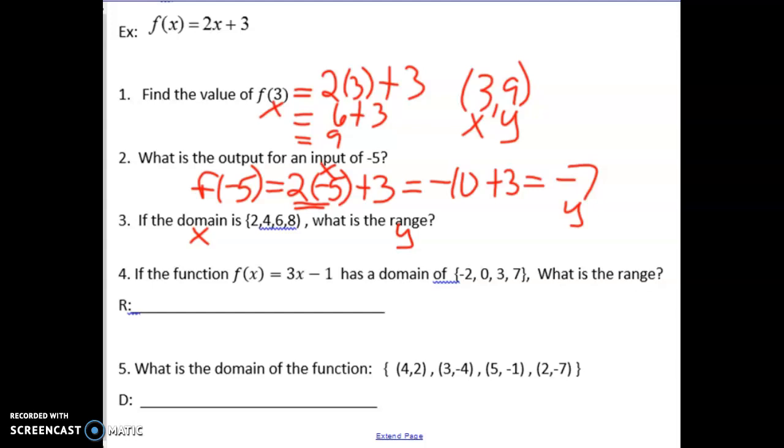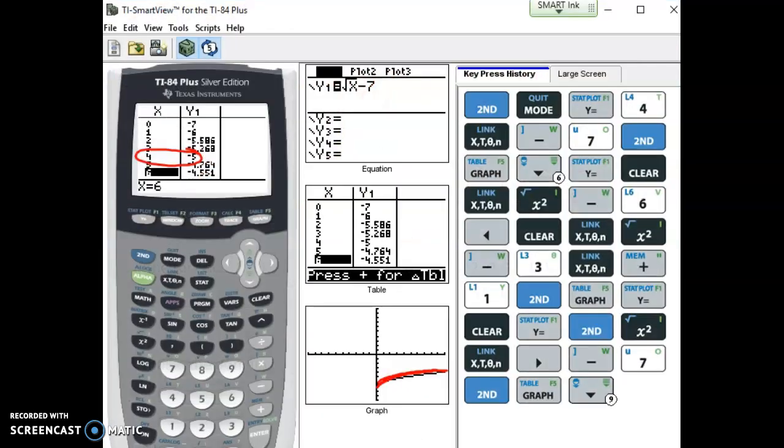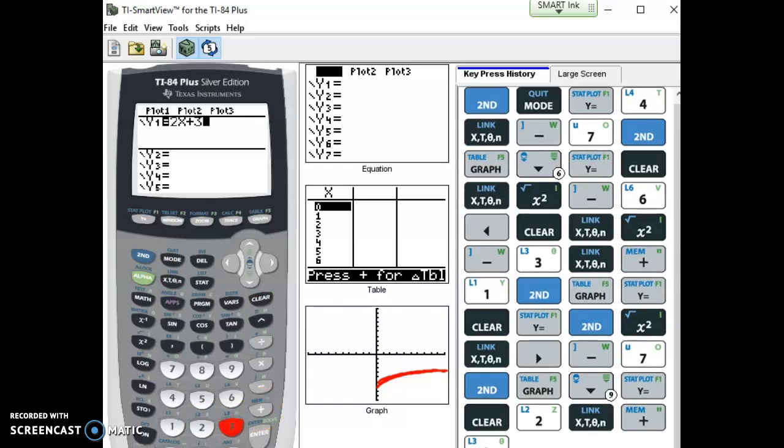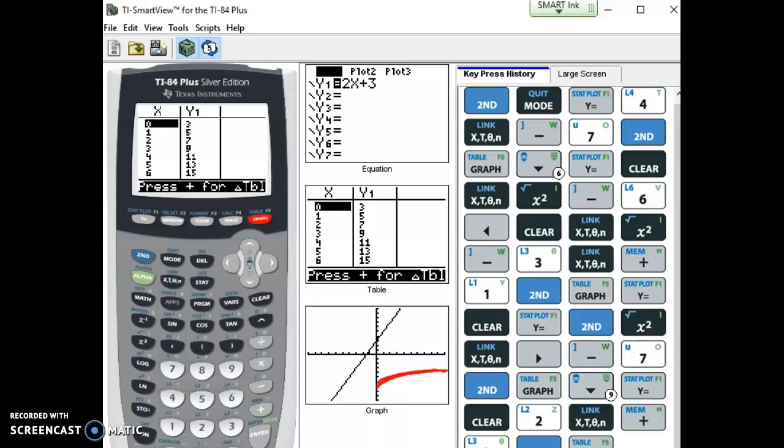So for this one, it would be best to go to the graphing calculator. So we would simply want to type this into the y equals, clear out whatever you have, and insert the expression 2x plus 3, and then go to second graph, and you would find the values you want. You want 2, 4, 6, and 8.